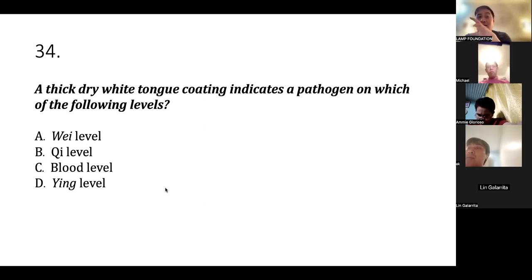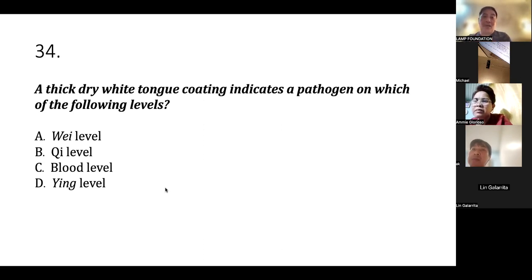Okay. Anong itsura ng coating pag sa wei level? Thin pa lang, Doc. Hindi pa siya thick, hindi pa masyado nakakapasok. Exterior pa lang. Kasi yung thickness, siya yung madalas nagsisignify kung nakapasok na o hindi.